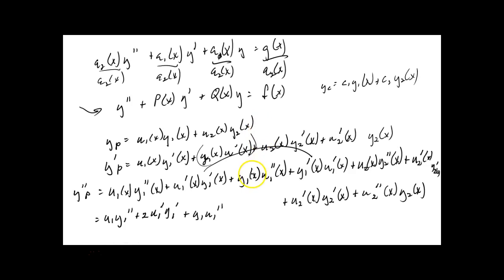That took care of all of those, didn't it? Now, this one is only one u2 y2 double prime, but there's two of these, plus 2 u2 prime y2 prime. That's these two. And then one u2 double prime y2. Now, we don't need the top line anymore that I can imagine. If we do, I'll find it.